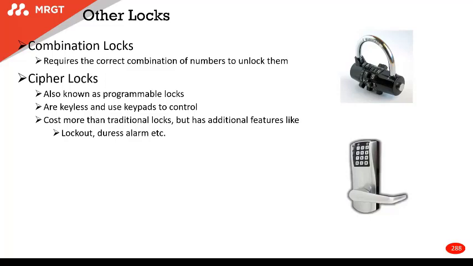If you keep the door open for too long, the alarm will be triggered. Sometimes when you open the door and keep it open for more than 1 minute, the alarm will be triggered and the response team will arrive.